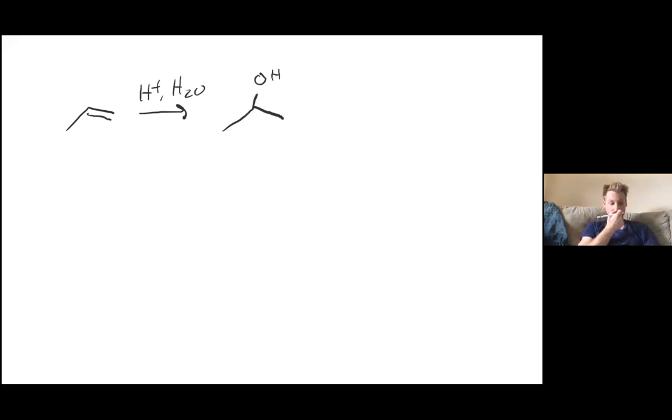When we do our equivalent reaction with an alkyne, which is going to be fairly similar, we need to add in a mercury sulfate catalyst. But if we take an alkyne, throw in H plus and H2O, which they draw as H2SO4, H2O, and mercury sulfate, we are originally going to get the same thing.